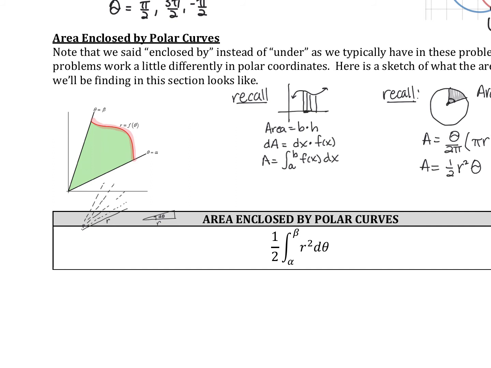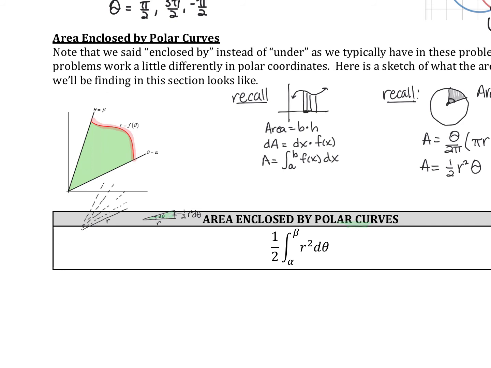The area of this sector, this one in green, would be 1/2 r squared d theta rather than just theta, because we're taking that tiny amount of theta.